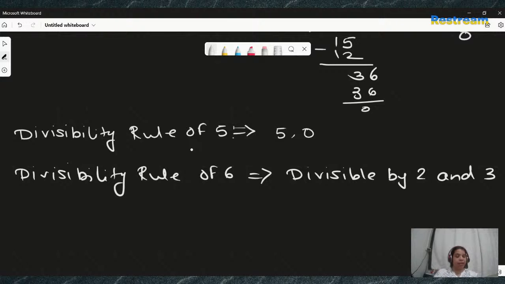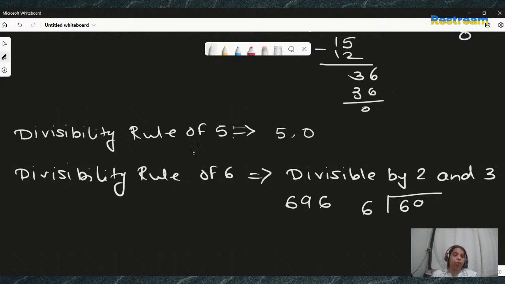So for example, let's take a number like 696. Okay, so 696, is it an even number? Yes, so it is divisible by 2. Is it divisible by 3? 6 plus 9 is 15 plus 6 is 21. So yes, it is divisible by 3. So it definitely has to be divisible by 6.